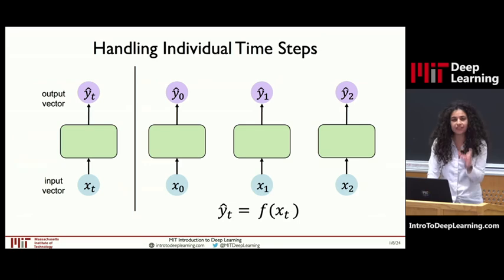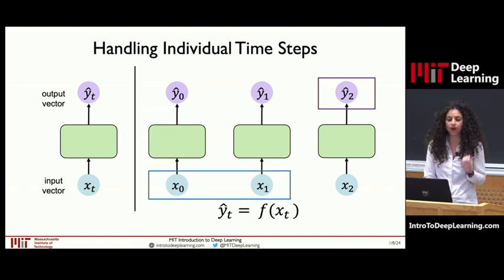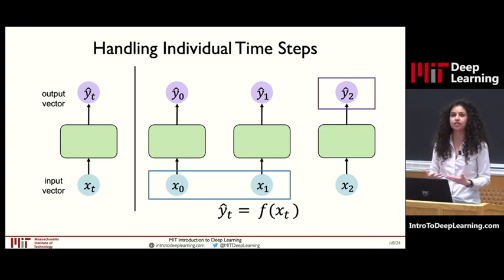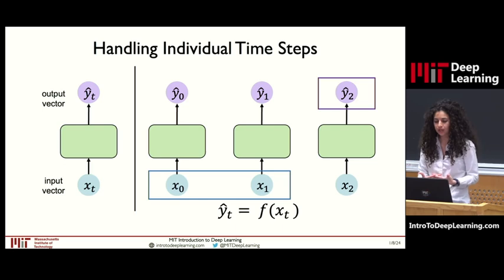Indeed, in this setting, we're just treating the time steps in isolation, but I think we can all hopefully appreciate that we want the output at a later time step to depend on the input and the observations we saw prior. So by treating these in isolation, we're completely missing out on this inherent structure to the data and the patterns that we're trying to learn.